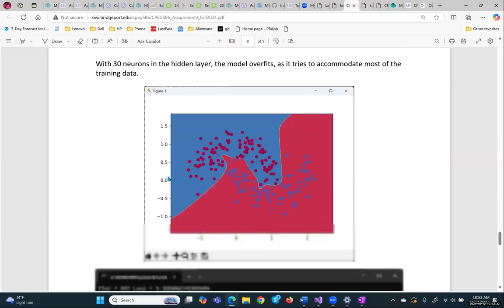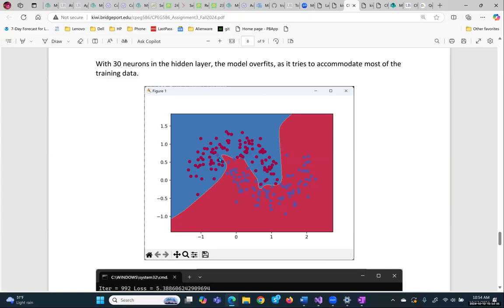So anyway, I was explaining through pictures that, for example, if we use 30 neurons, here are the 30 neurons you can see. Then this is the decision boundary it creates. When it creates these curvy things to accommodate individual data, that is an indication of overfitting of the model. And you'll be able to verify it once you split it into train and test data.